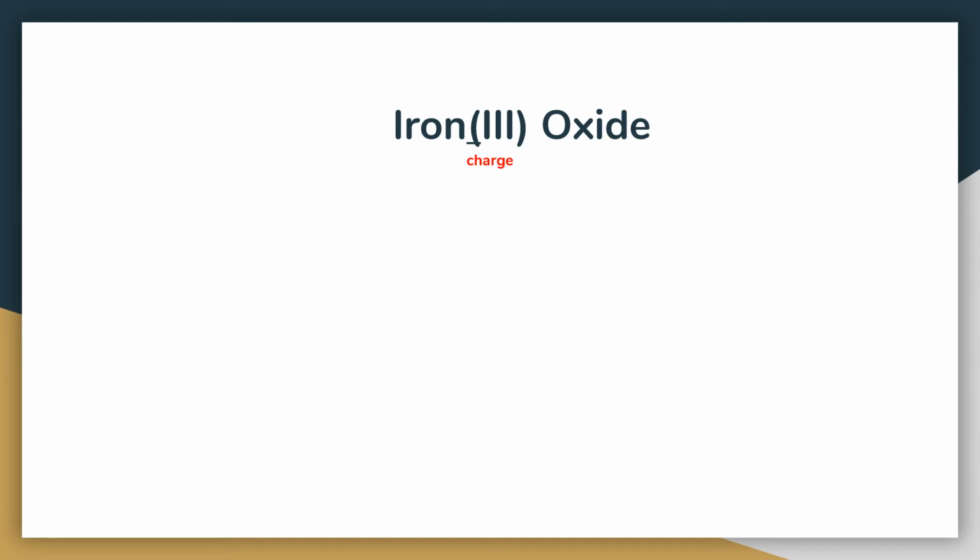So we need to balance out our charges. Let's go back. Iron has a positive 3 charge, and oxygen has a 2 negative charge.